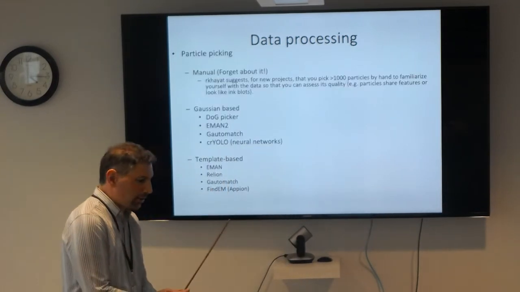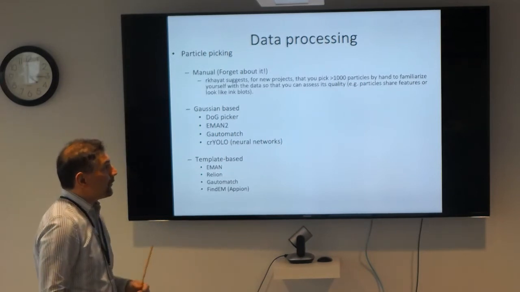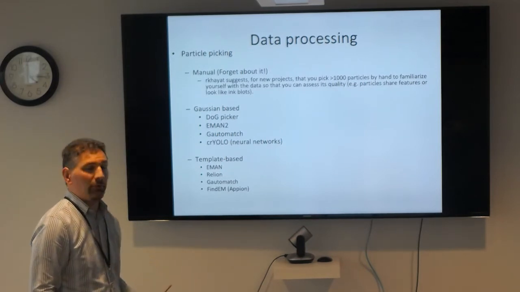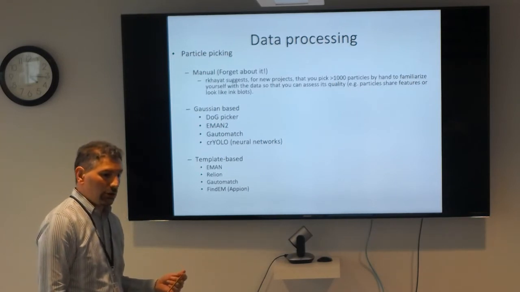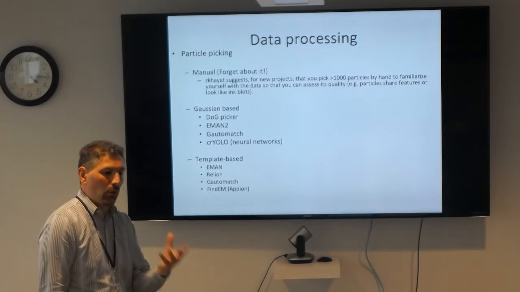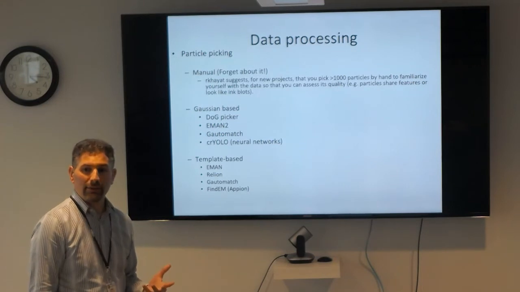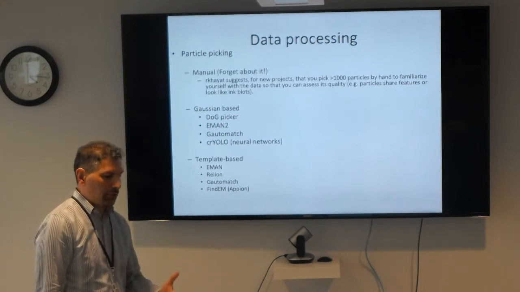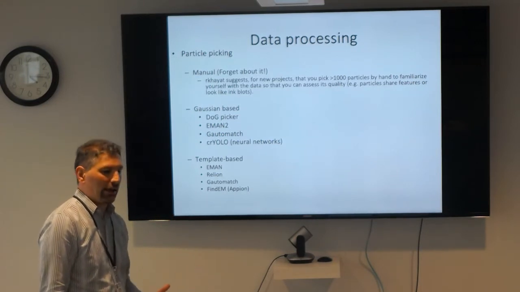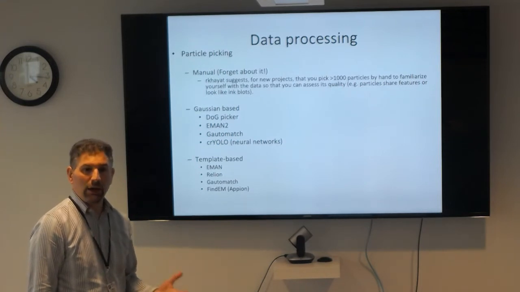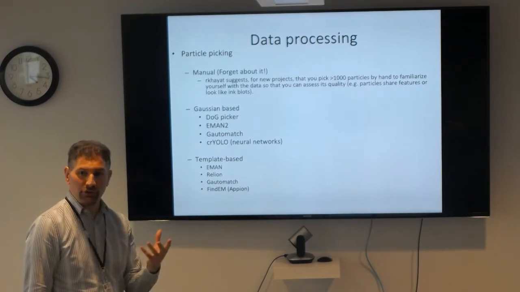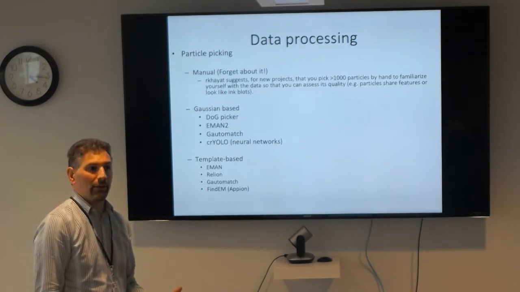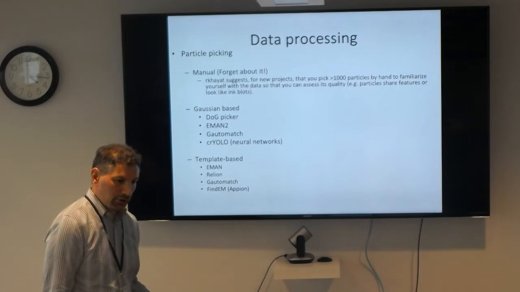Okay? Particle picking, I prefer to still pick a good number of particles by hand. Reason being is that if you're working on a new project, you need to know what the particle looks like, right? If, for example, every particle you look at looks different, then you have a problem, right? But if you see the same particle popping up over and over again, then you know that there's some sort of homogeneity there, okay? So pick particles by hand.